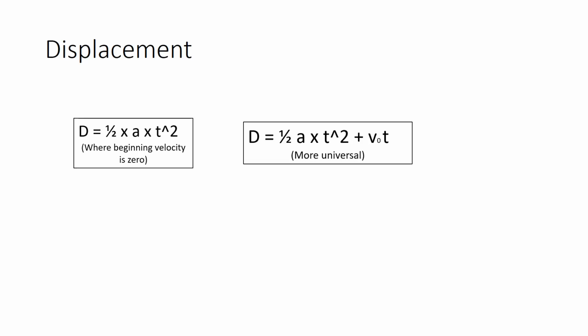The other one is distance equals half acceleration times time squared plus beginning velocity times time. That one's more universal, but we are using the first one.